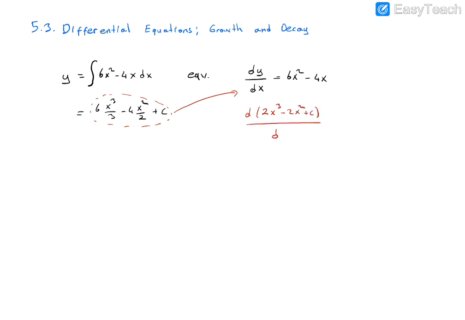The derivative of y with respect to x equals 2 times 3 times x squared minus 2 times x plus 0, which is 6x squared minus 4x. So the solution of this equation, which is called a differential equation, is the same thing as this integral.